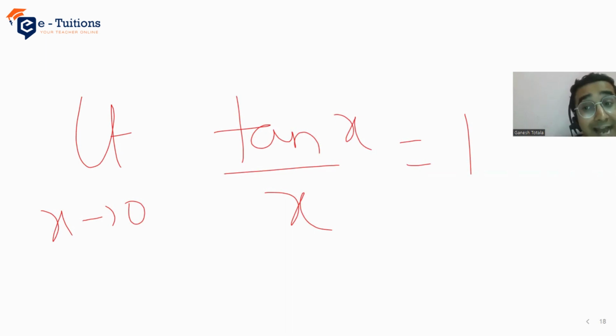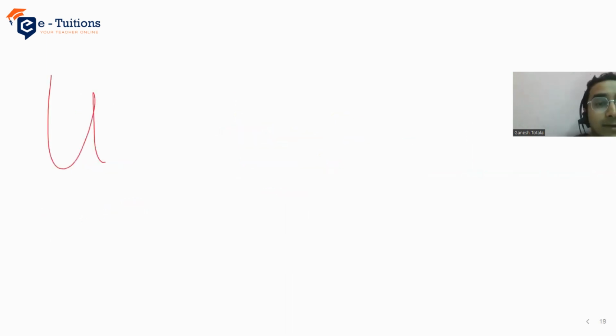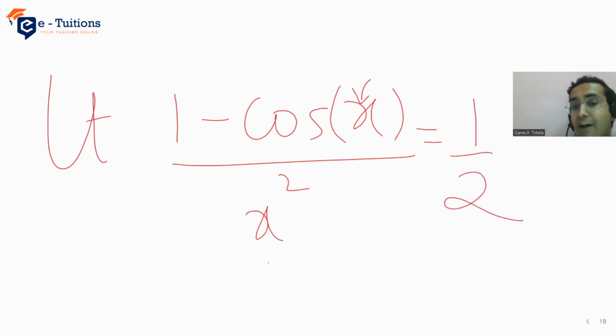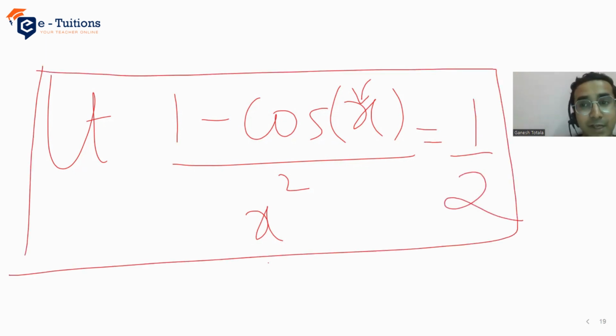Now, the last but not the least, a very important limit: the limit of 1 minus cos of x divided by x square. Whatever the angle we have here, that angle square will be in the denominator. And this is equal to half. This is a very important limit from a problem solving perspective. So the limit of 1 minus cos x divided by x square is equal to half.